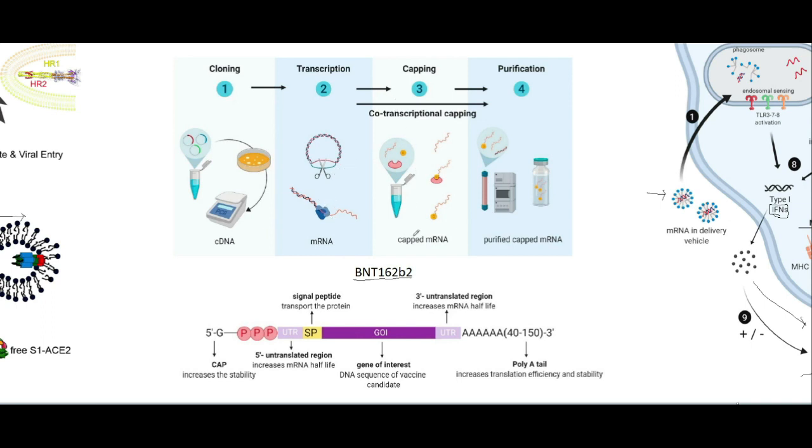Then they use some various enzymes to actually process the mRNA. So they add the 5' G cap and the poly A tail, as well as these untranslated regions. The UTRs are the untranslated regions, and those actually control the translation of the mRNA.